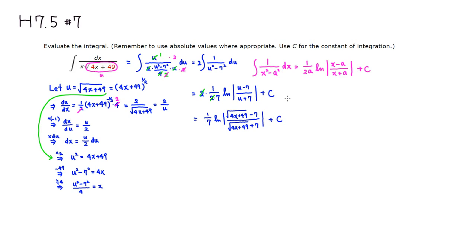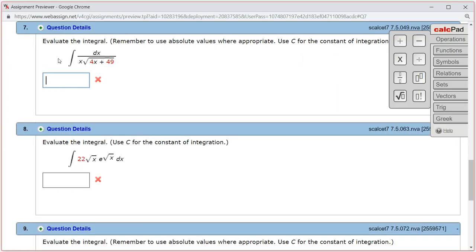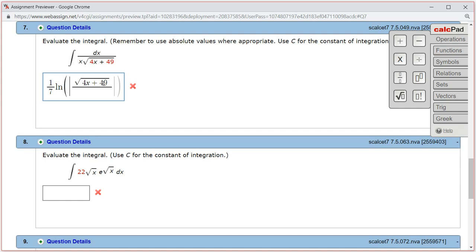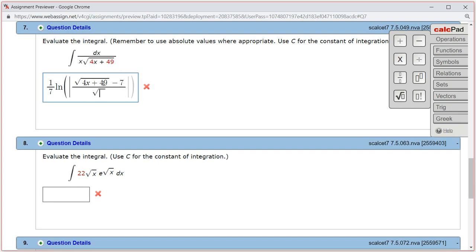Let's type it in. What we got was 1 over 7 natural log of the absolute value of the square root of 4x plus 49, oh, sorry, I forgot to put minus 7, over the square root of 4x plus 49 plus 7, absolute value, plus some constant c.